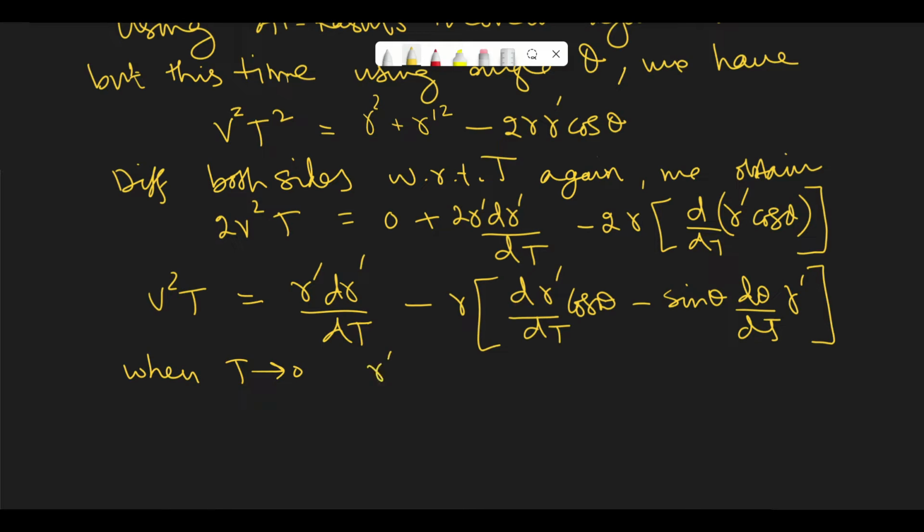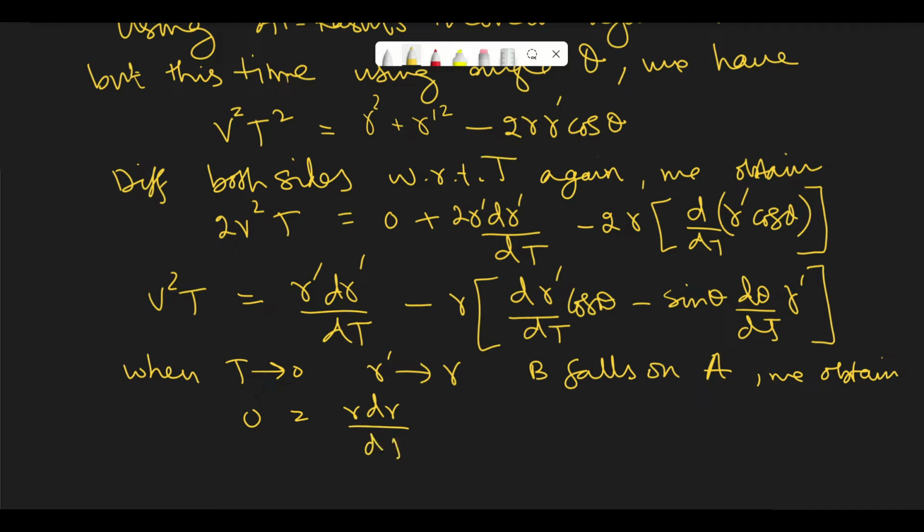Applying the limits when t tends to 0, r prime tends to r, B falls on A. We obtain zero is equal to r dr over dt minus r dr over dt minus 0 plus 0.